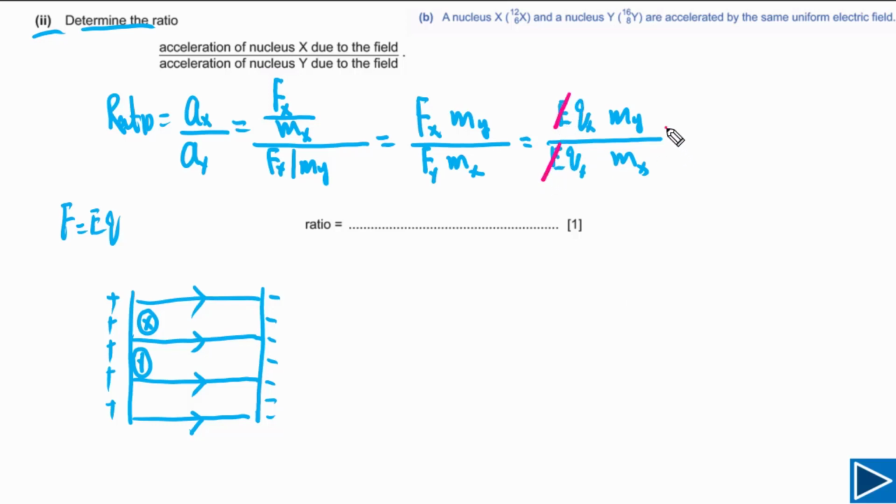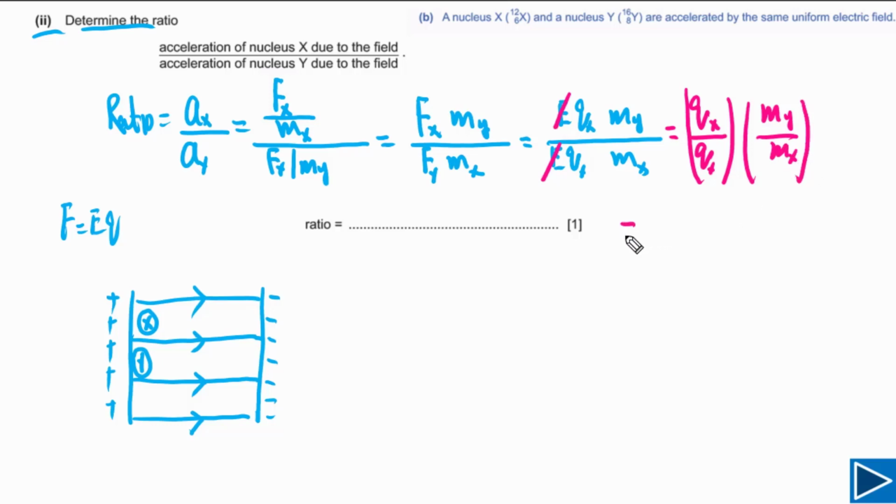So we are left with Qx divided by Qy, the ratio between these two, times the ratio between the mass of Y and the mass of X.